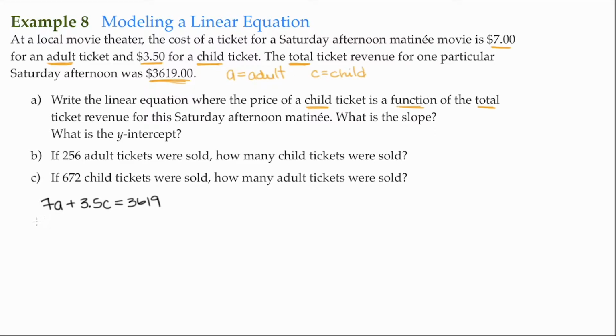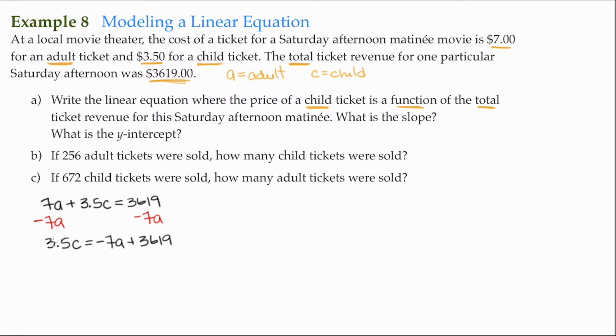So what we can do is I'm going to subtract out 7a. That leaves us with 3.5c. That's equal to negative 7a plus 3,619.